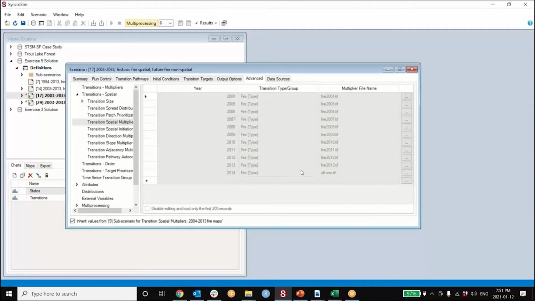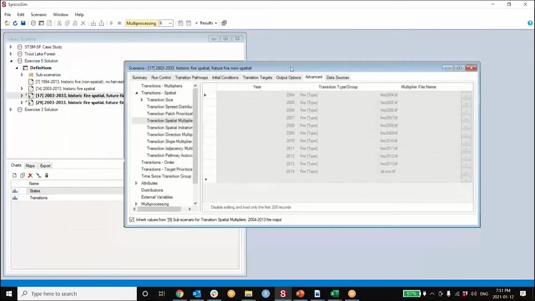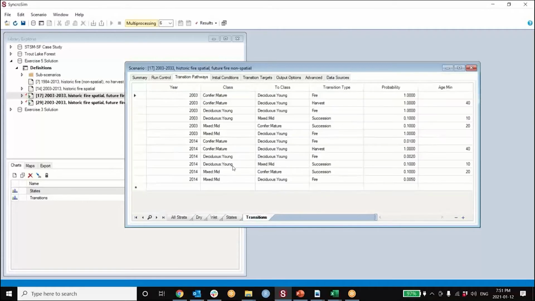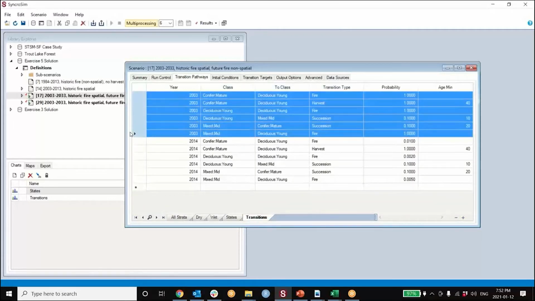And then the idea was these are multipliers, so really we were shifting the probabilities by the amount in the multiplier files, these spatial files. They're 0, 1 files, so we had to go over and set the base probabilities to be 1 for fire, at least in the early period, in the 2003 period.